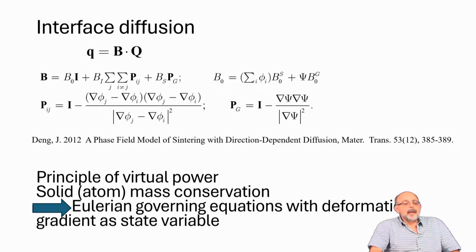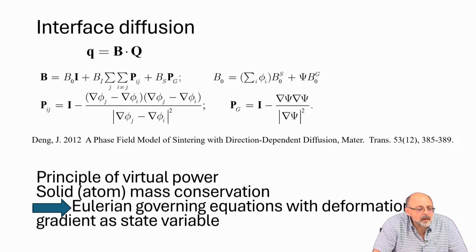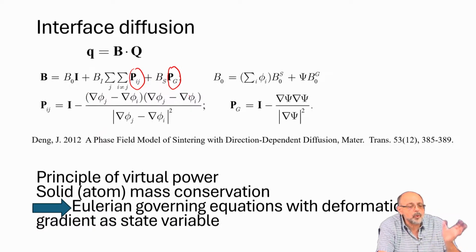Okay, I need to deal with interface diffusion, and I can do that using those tangential projection vectors. For an interface between two grains, I can write a normal which is now neutral with respect to the order of the grains, phi j gradient phi j minus gradient phi i, and so on and on.